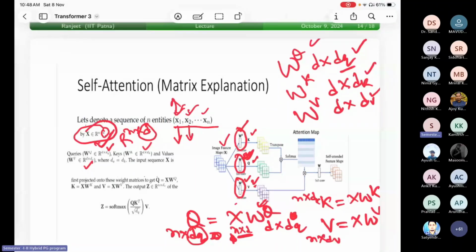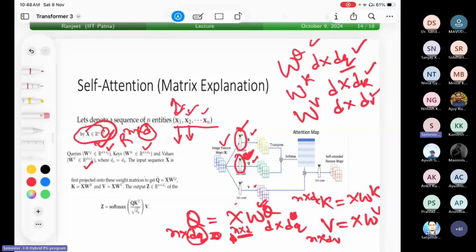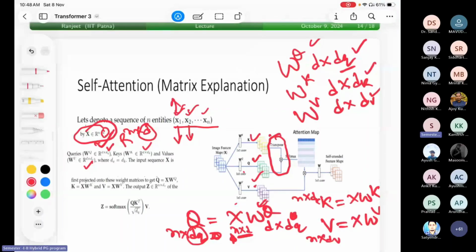Now you have to apply the attention that we have seen. So we reached K, Q, and V. It is related to the correlation that you are finding here.